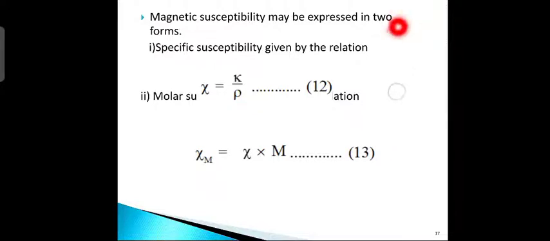Magnetic susceptibility can be expressed in two forms: specific susceptibility and molar susceptibility. Specific susceptibility is given by xi is equal to kappa by rho. Let this be equation 12, and molar susceptibility xi m is equal to xi times M. Let this be equation 13.